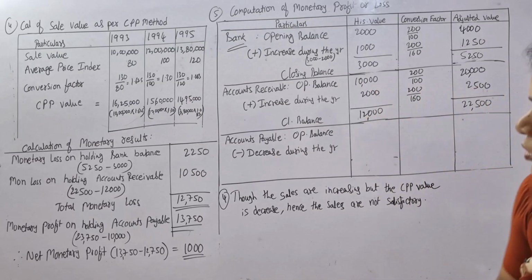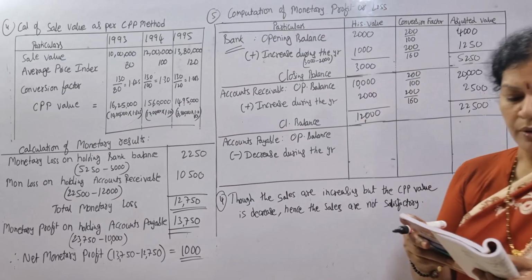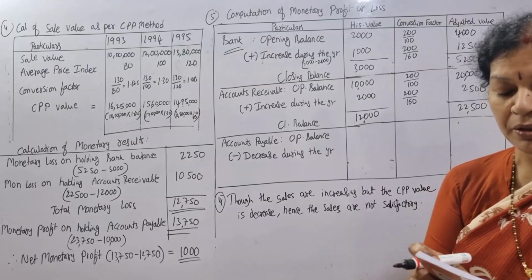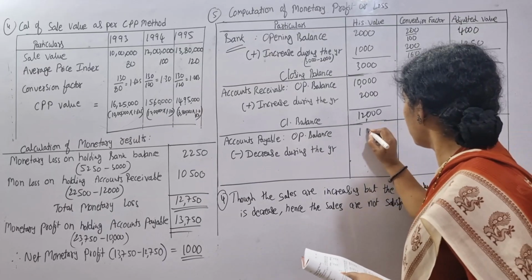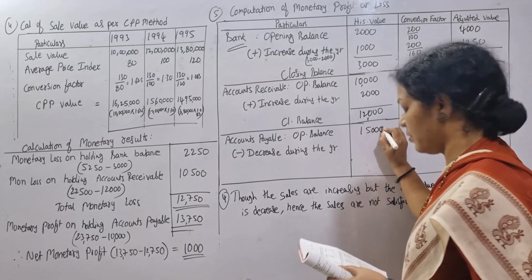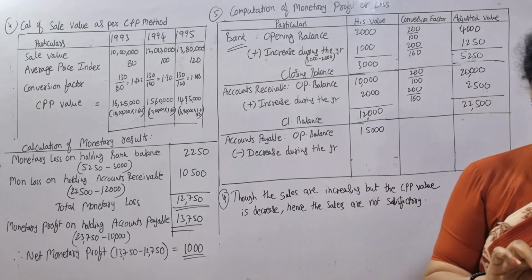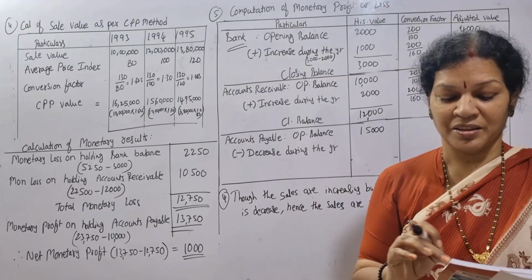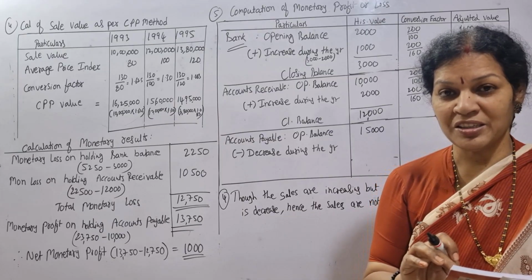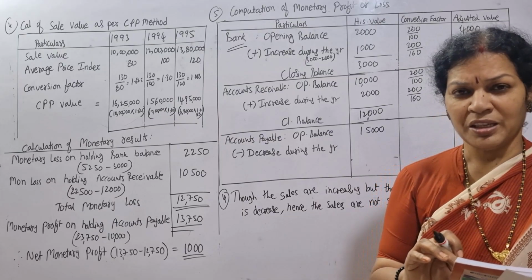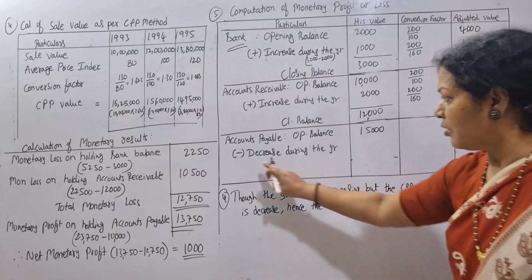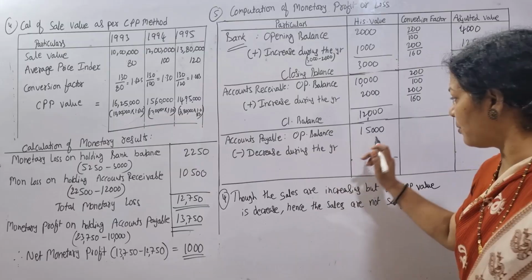Now coming to accounts payable. Accounts payable is given as 15,000. 15,000 to 10,000, accounts payable is decreasing. How much did it decrease? Decrease of 5,000. So minus, decrease during the year 5,000.